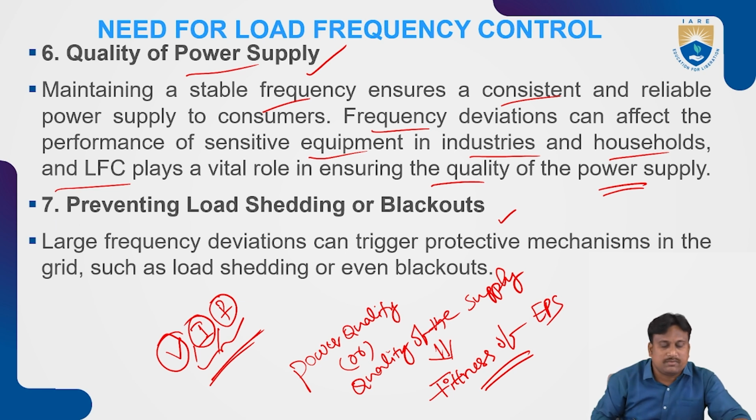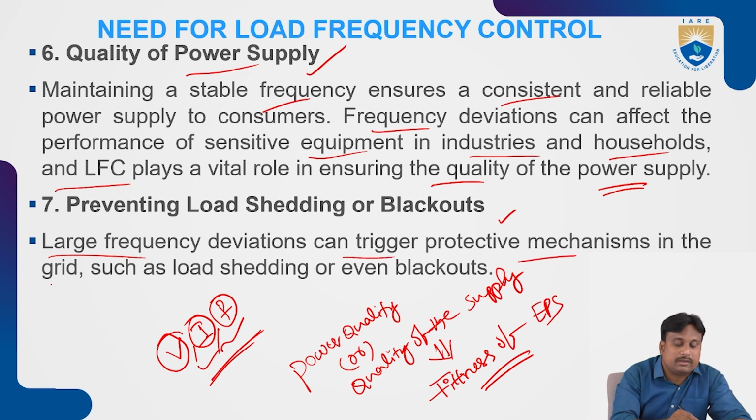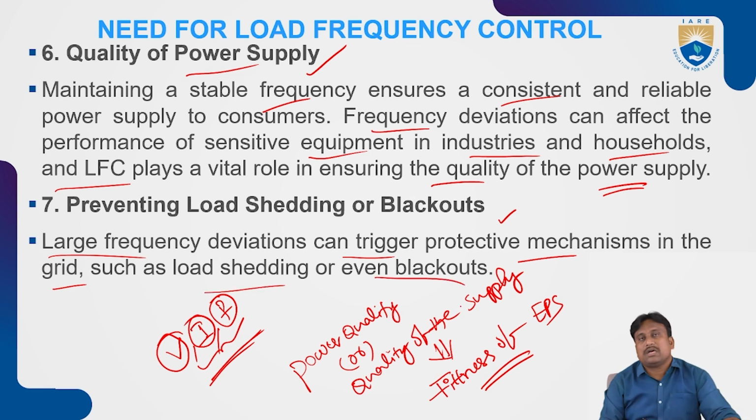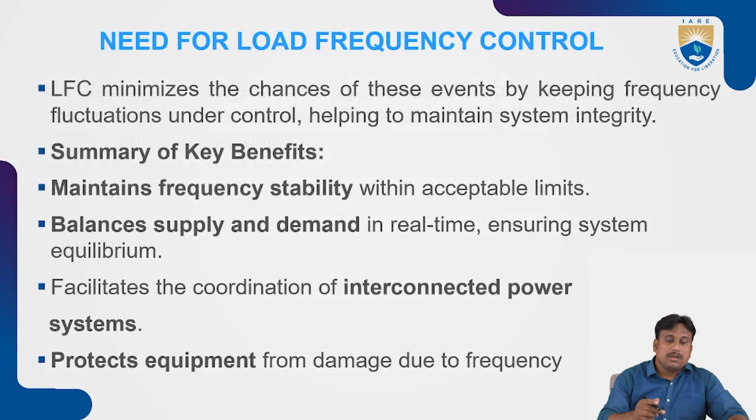Large frequency deviations can trigger protective mechanisms in the grid network, such as load shedding or even blackouts, and these are associated with LFC, or load frequency control, operation.